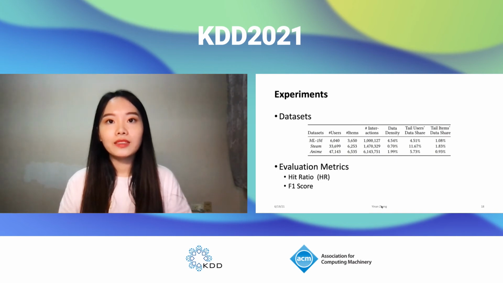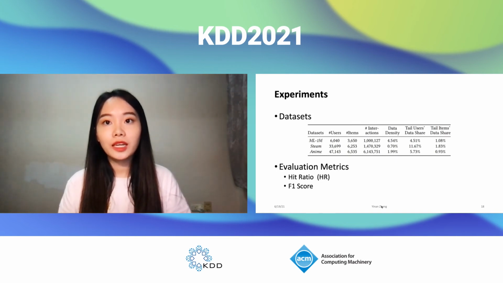We evaluate the proposed initialization schemes and the recommendation model on 3 real-world datasets: MovieLens, Steam, and Anime. We use hit ratio and F1 score to evaluate the top-N recommendation.